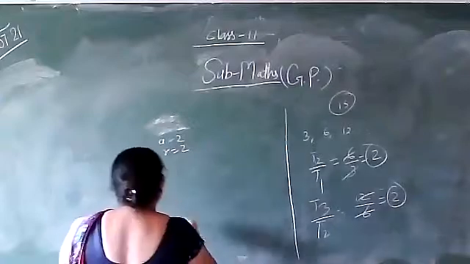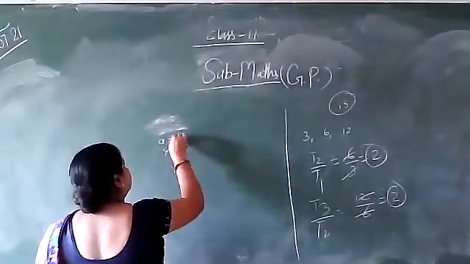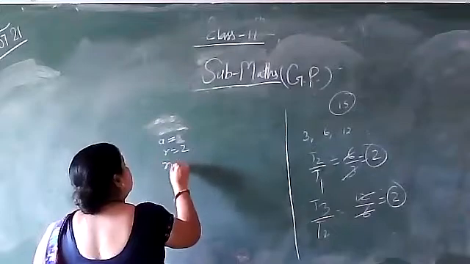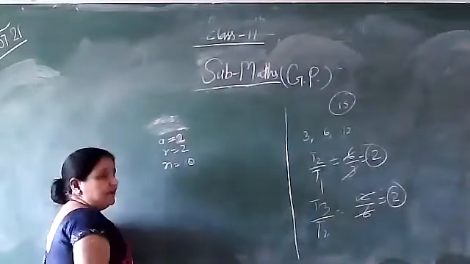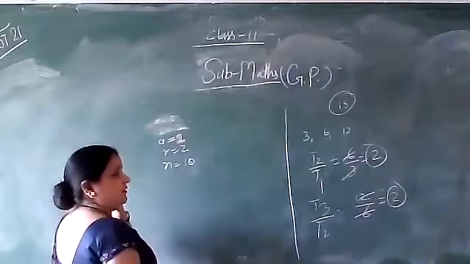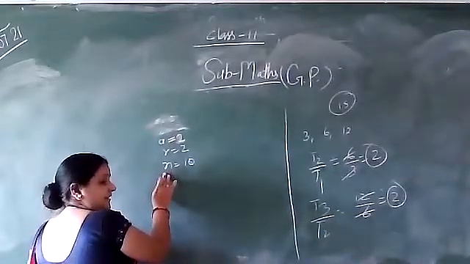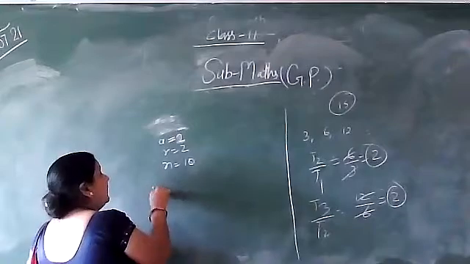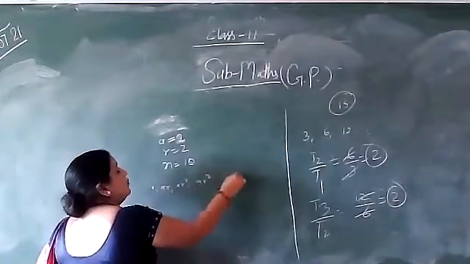I ask you to find the series and find the 10 terms. So I write A, AR, AR square, AR cube up to.